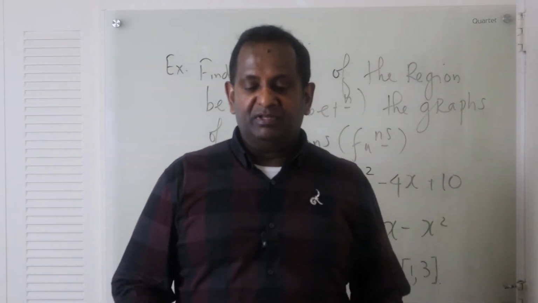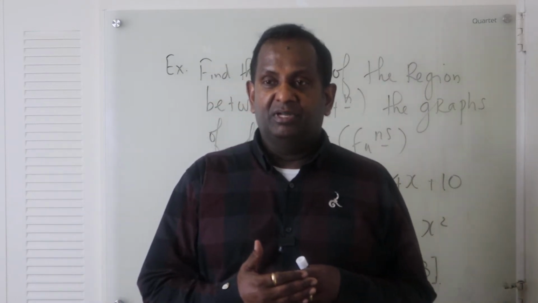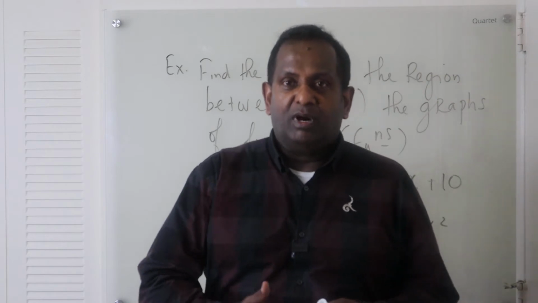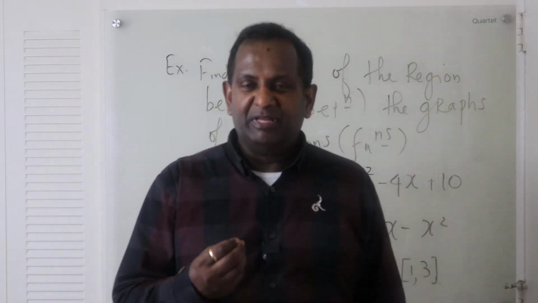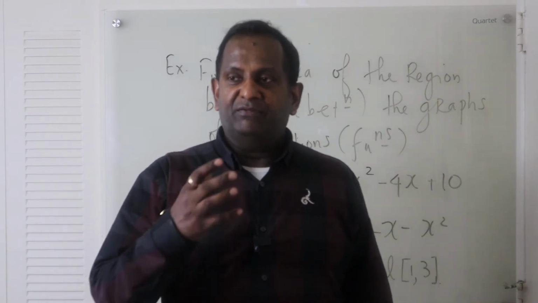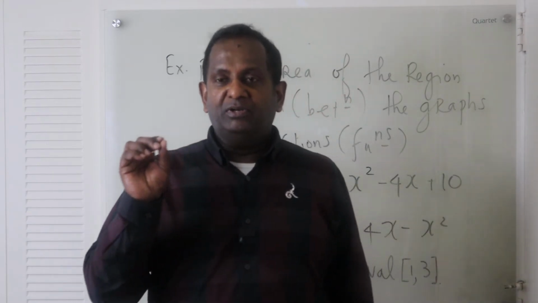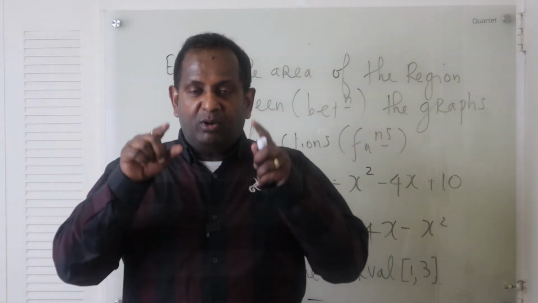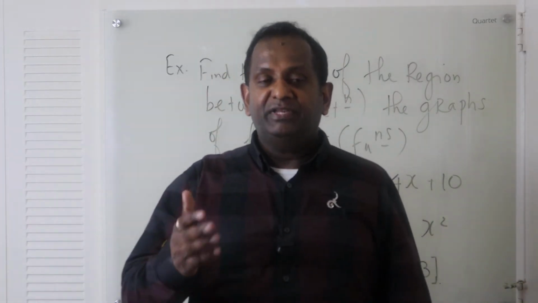We have to see whether the graphs of these two functions meet each other. To get this done mathematically, you have to set f of x equal to g of x, assuming that at the points of intersection the y coordinates, the heights, are the same.